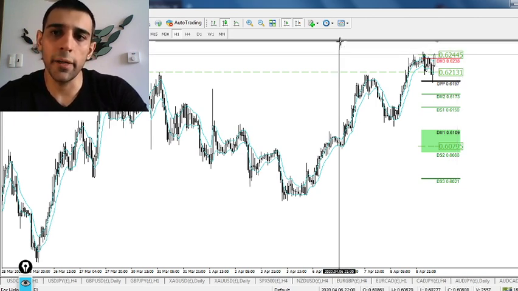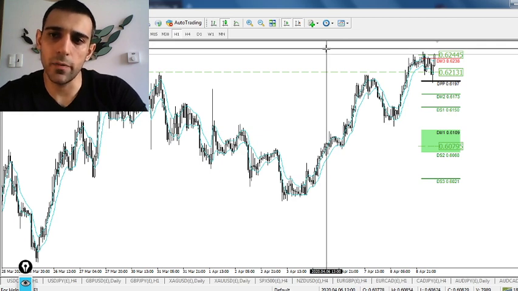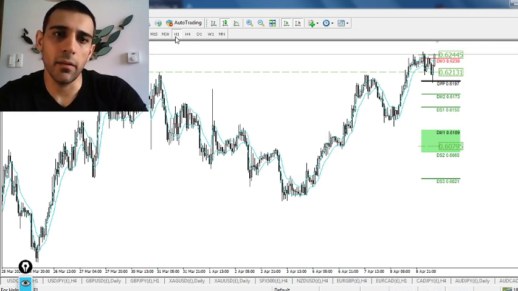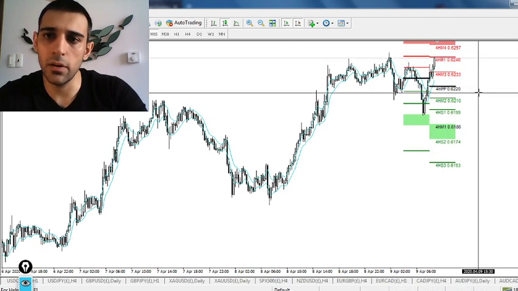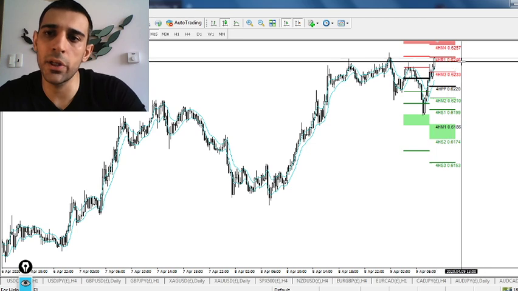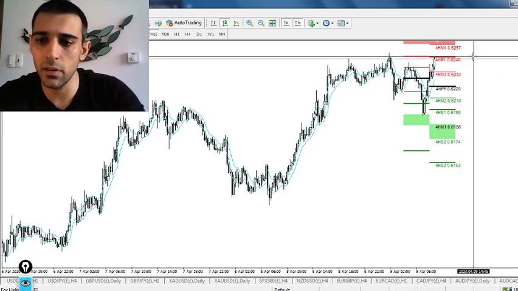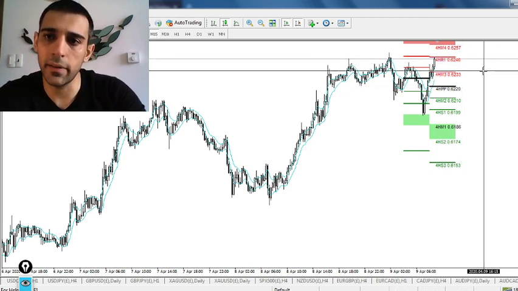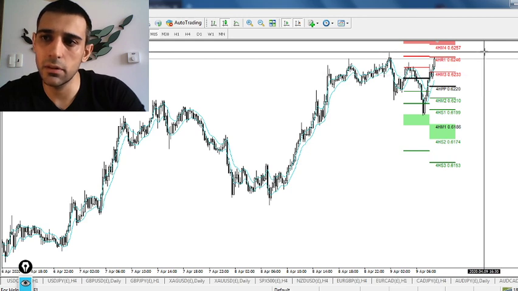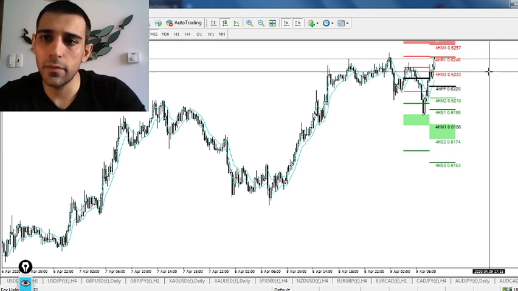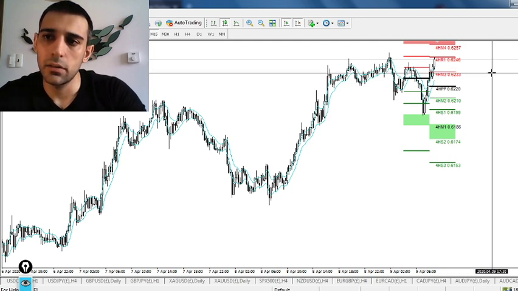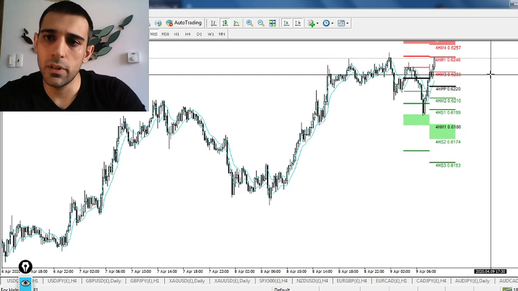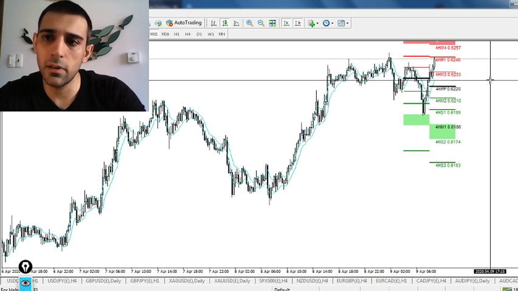If we get on there at 60.55, we have this 4-hourly R1, which the price is already trying to break at 60.50, then 60.55. So if the price gets up there, it'll be 25 roughly.